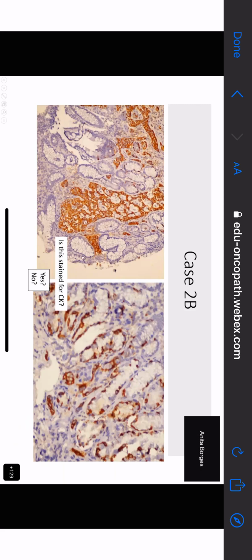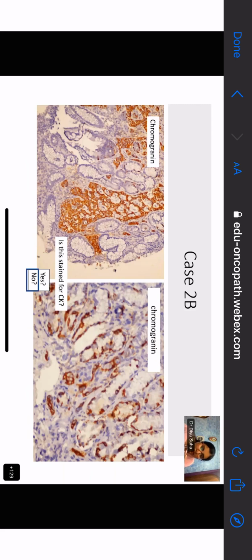Now I hope everybody knows this. So what stain is this then? Dia, now what stain is it? Ma'am, synaptophysin or chromogranin. Chromogranin. Excellent. It could be one or the other. This is a chromogranin stain, and it's showing you two things. It is showing you that those nests that are seen over there, small and large, are positive for chromogranin, and also that there is neuroendocrine hyperplasia.